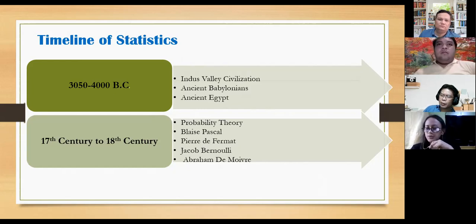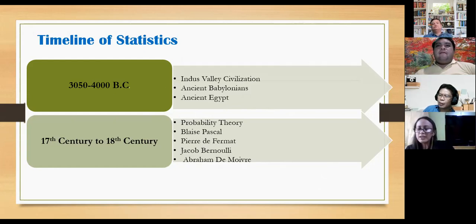The purpose was to frame their military and fiscal policies as well as administrative requirements of the state. Statistics is as old as human society. It has also been used by ancient chiefs in counting effective warriors to defeat the enemy.